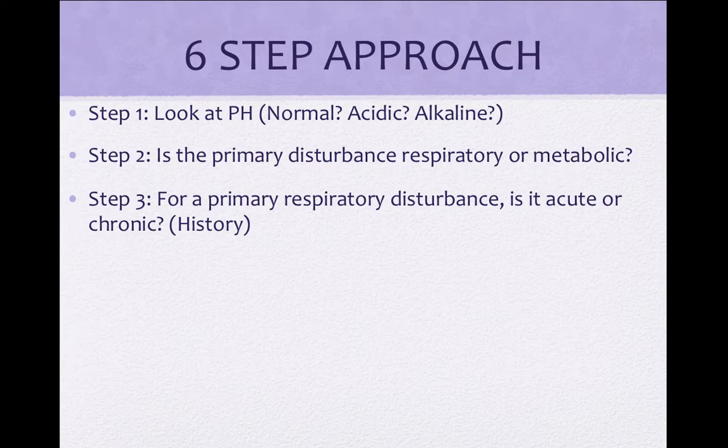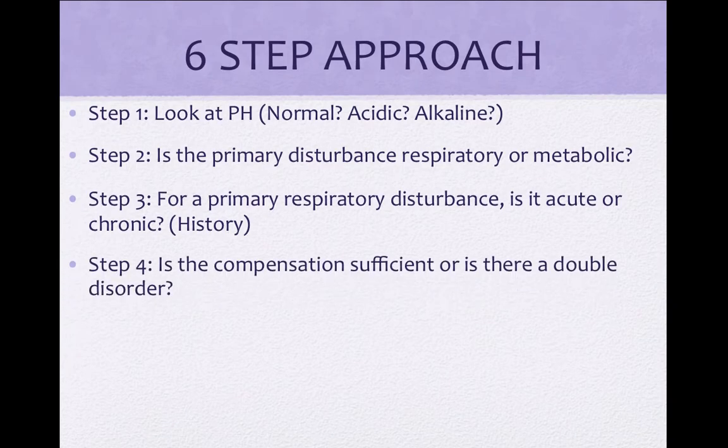This we do via asking questions in the history. Step 4 is to calculate compensation and to see if it is sufficient or if there is a double disorder. For this, we use formulas that I've previously mentioned in my lecture, but I will also be sharing the formula that is appropriate for this case.